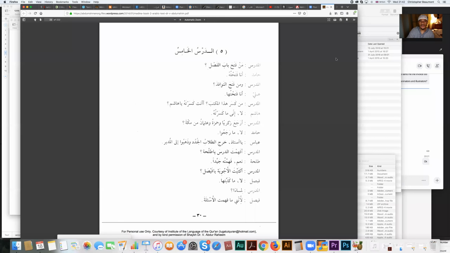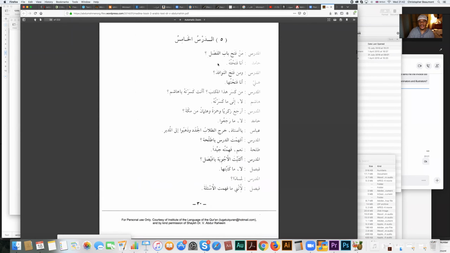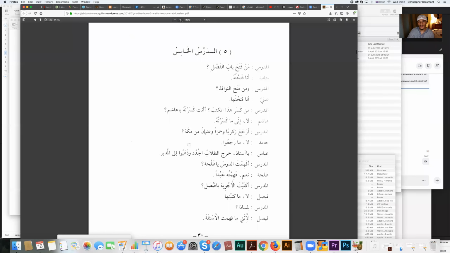All right, guys, please let me know when you can see my screen, inshallah. What can you see? Can you actually see the book on screen? I can see it, but there are a lot of windows. You can't see the Madinah book?